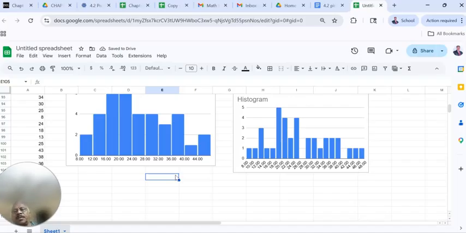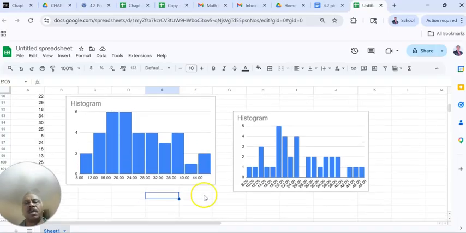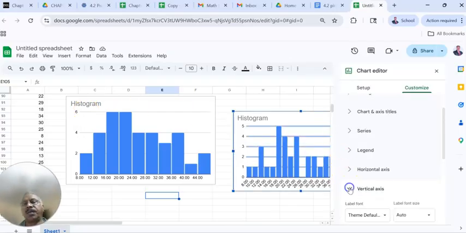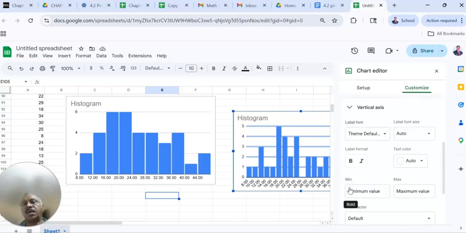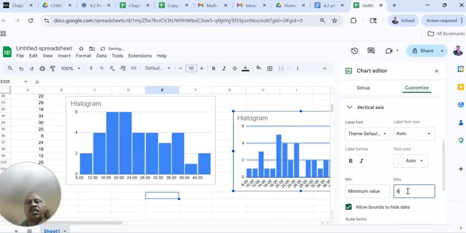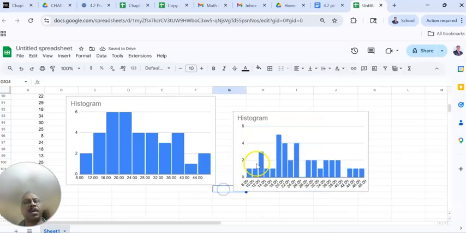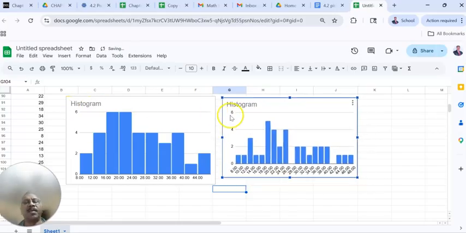In the first example, the class is 8 to 12, 12 to 16. But here it is 8 to 10. Because I have 6 here, I'll reduce the vertical axis to 6 to show that maximum, and then we can easily compare, because both graphs have maximum 6.